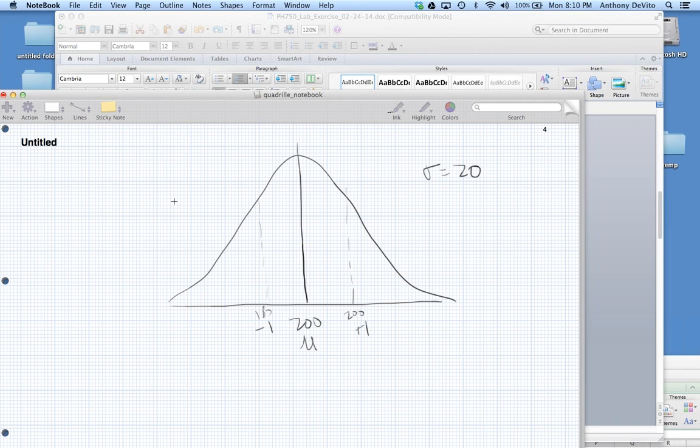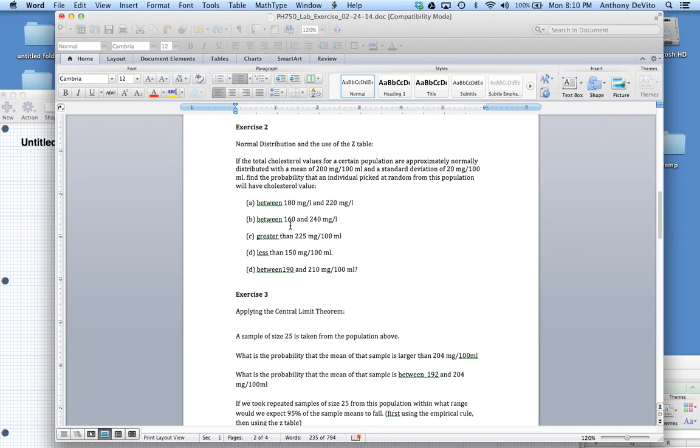I'm going to use the empirical rule to solve this because for our purposes right now, that's good enough. What's the probability that a person is between 1 standard deviation below the mean and 1 standard deviation above the mean? We know that: 68%. Everybody comfortable with that? Good.